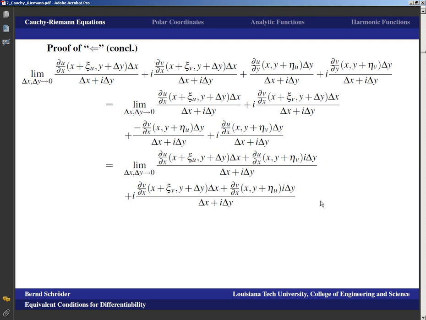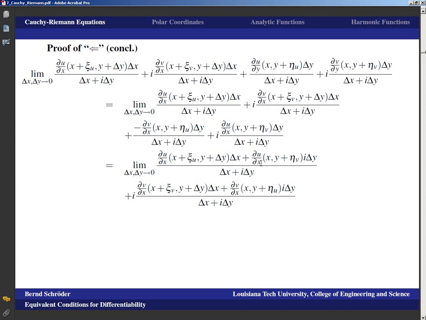And here is where we're going to omit a significant technicality, and that is basically as delta x and delta y go to 0, the x plus eta u, y plus delta y goes to x y, the x comma y plus eta v goes to x y, the x plus eta v, y plus delta y goes to x y, and the x comma y plus eta u also goes to x y, but they're never exactly equal, so we can't factor those terms out.